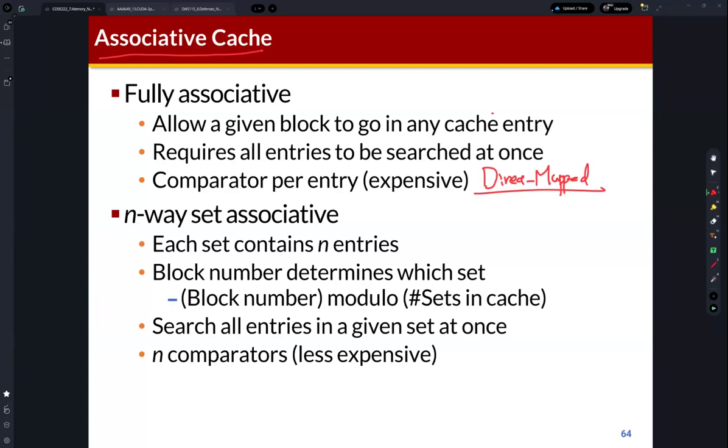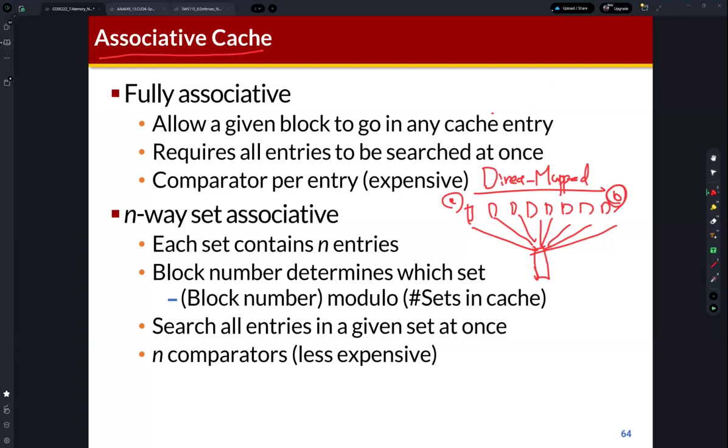In the direct mapped cache, multiple memory blocks can be mapped to the same cache block, right? Then what's the problem? This is the variable A, and this is the variable B.